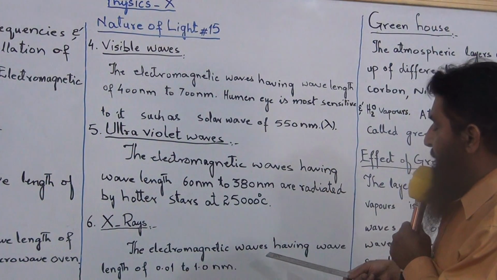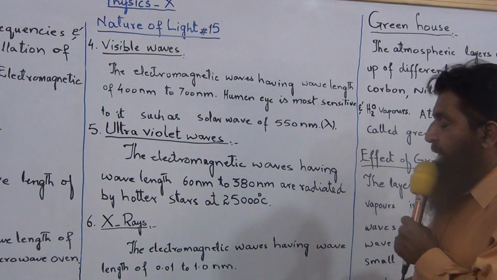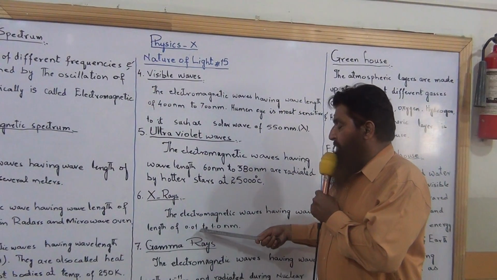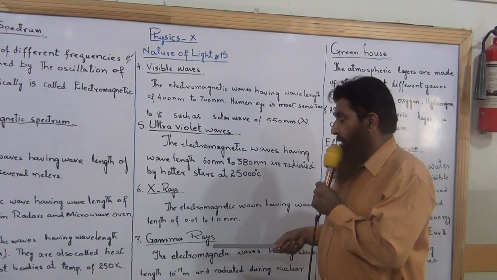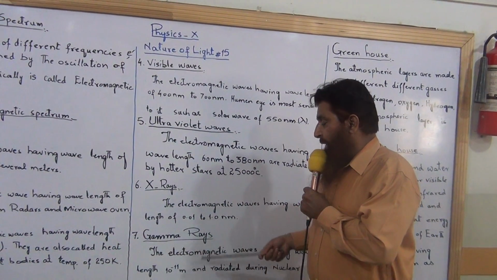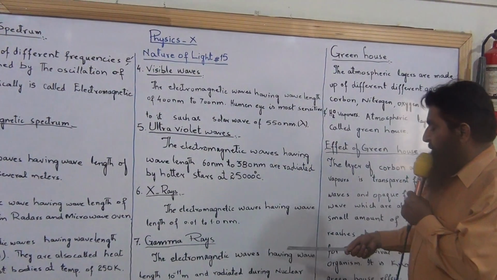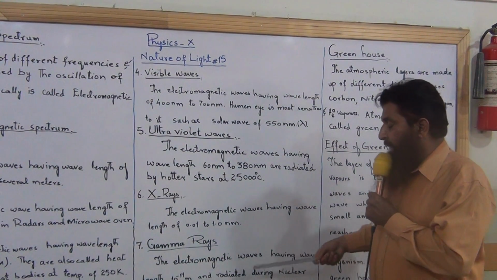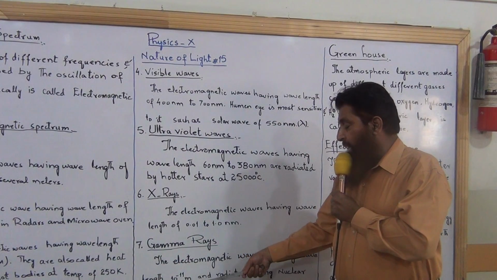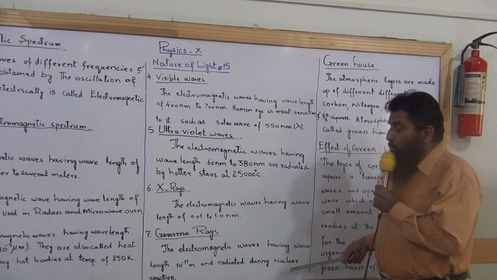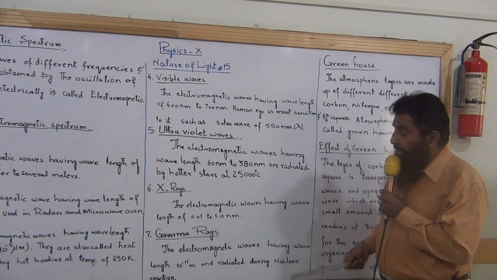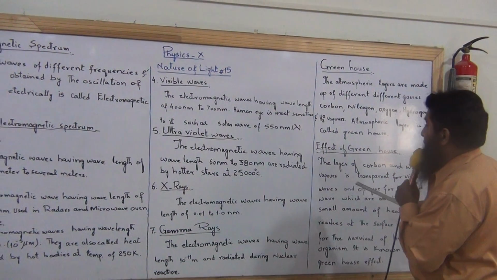The electromagnetic waves having a wavelength of 0.01 to 1 nanometer. And the last one is gamma rays. The electromagnetic waves having a wavelength of 10 power minus 11 meter, radiated during nuclear reactions, fission reaction or fusion reaction.